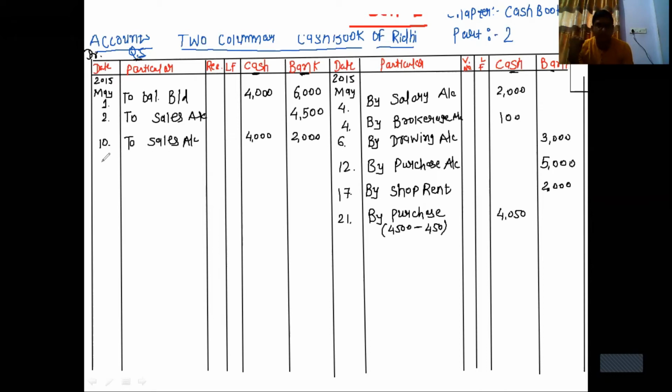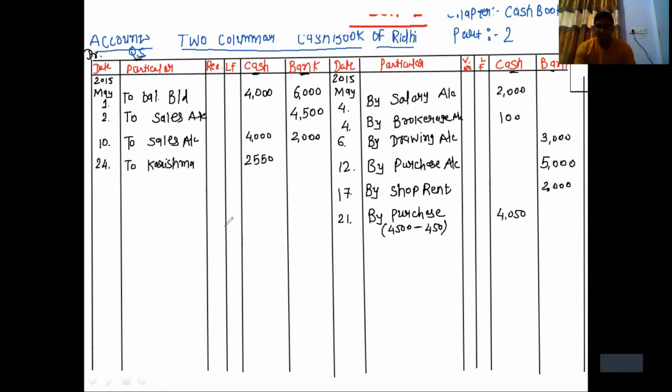So on date number 24, we have to write to Karishma account, 2550 paid by cash. So in the cash column, we have to write 2550 paid by cash.